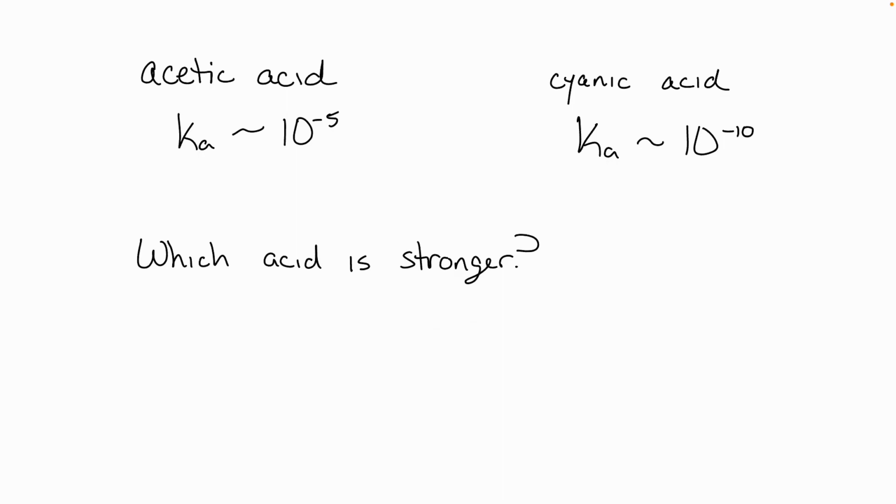All right, which one is it? Let's take a vote here. Who thinks that acetic acid is the stronger acid? And what about cyanic acid? Right, so you just compare those values of Ka. Whichever the larger value is, that's your stronger acid. That's an acid that when you place it into water will dissociate more readily. So indeed, acetic acid is our stronger acid.